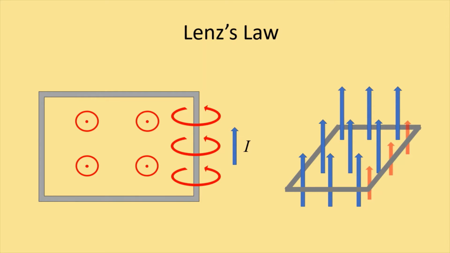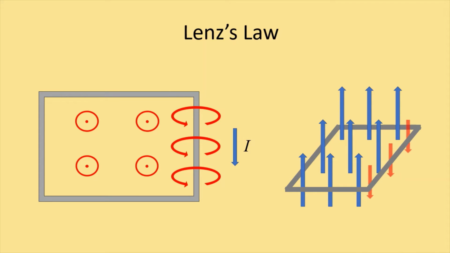And if we have a current, we will have a stronger magnetic field, and this will continue to infinity. Then we would have an infinite source of energy, and that's not what's happening, right? We would violate the law of conservation of energy. Instead, we will have the current in the clockwise direction, and now the magnetic field points in the opposite direction.